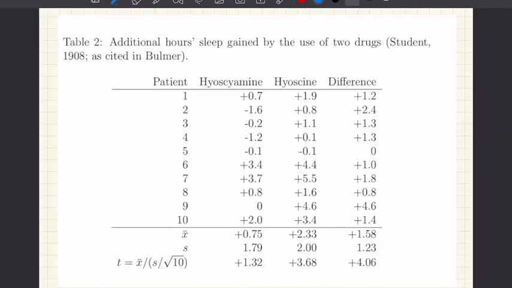Okay, let's look at an example of t-test. So here are some results of some drugs, hyoscyamine and hyoscine, and basically they are supposed to be sleeping drugs, sleeping pills.